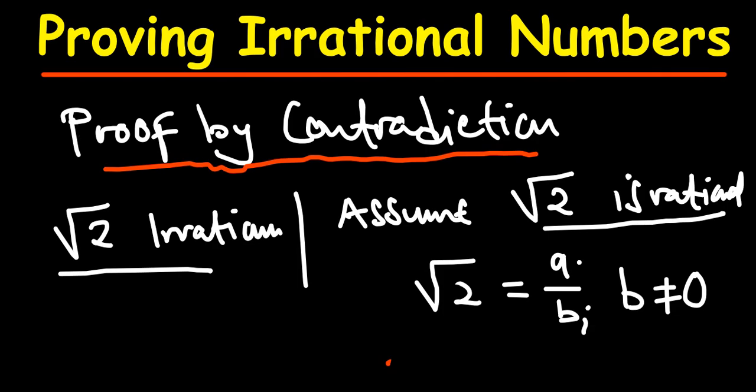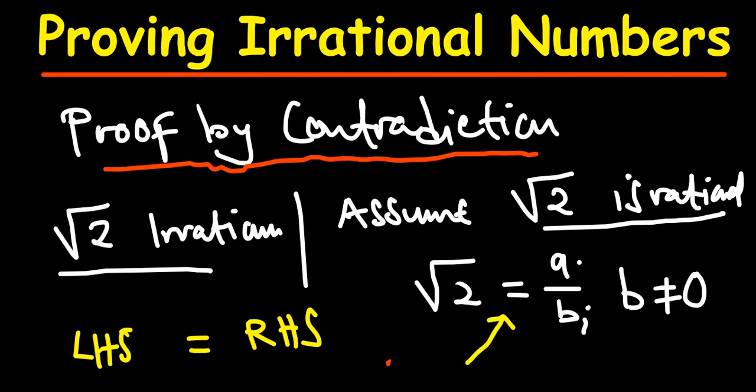Once we assume that, we go on with our proof. At the end of it we are going to have the equal sign, with what we have on the right hand side and what we have on the left hand side. After we go through all the steps to prove that a certain number is irrational, you're going to have a certain expression on the left and a certain expression on your right.